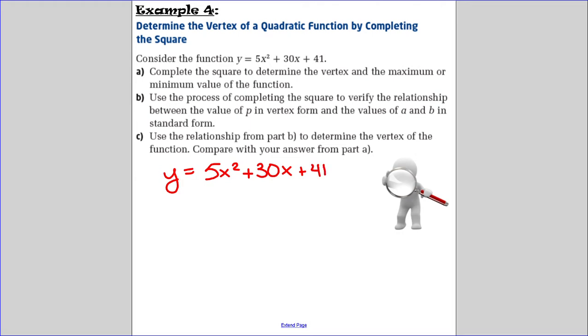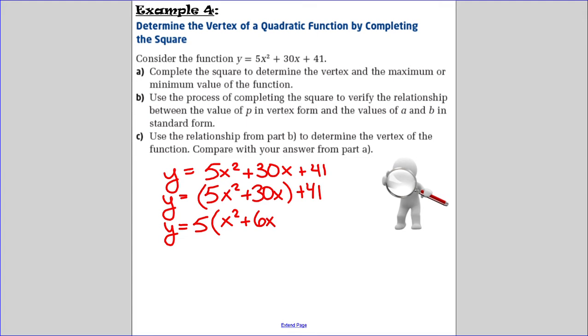I'm going to group together my first two terms, and then make sure that my x squared term has a 1 in front of it. So I'm going to factor out the whole 5 here: x squared plus 6x.